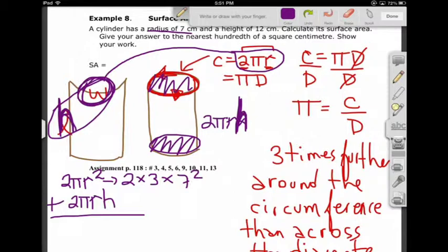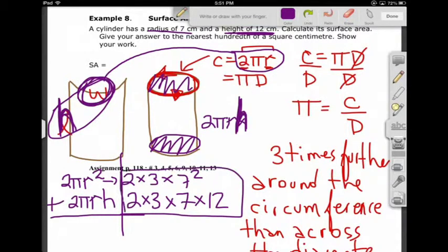And we'll add that to 2 times 3 times the radius, and the height is given to you as a height of 12. As I start to run out of space here, your final answer, if we take this a little bit further, 6 times 49 plus 6 times 7 times 12.